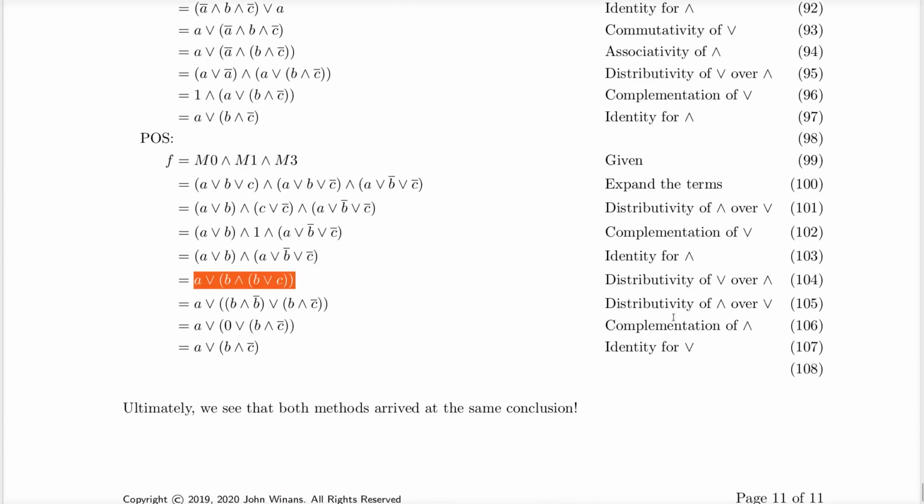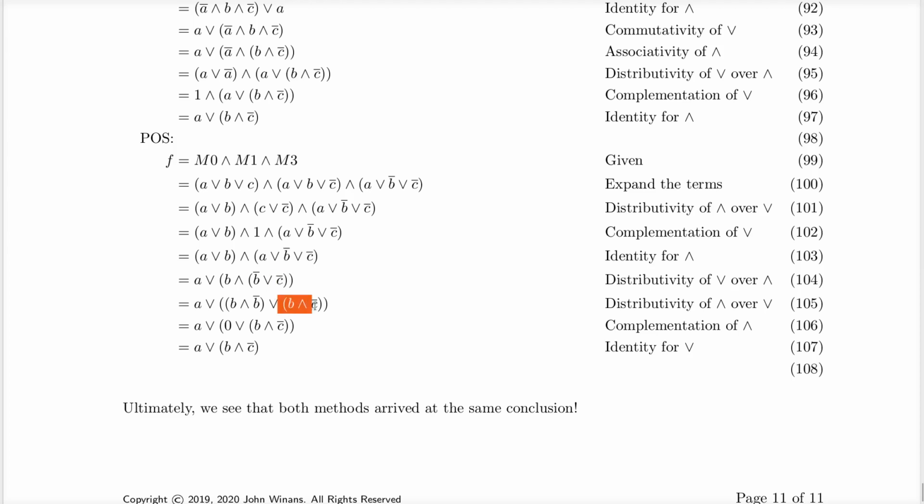We can also apply the distributive property again, because we're going to run it in reverse. We take the B ANDed with the B bar, and then OR it with the B ANDed with C bar.